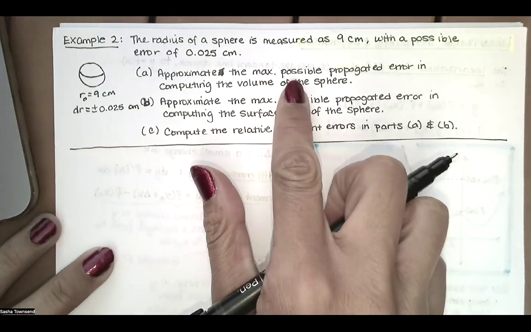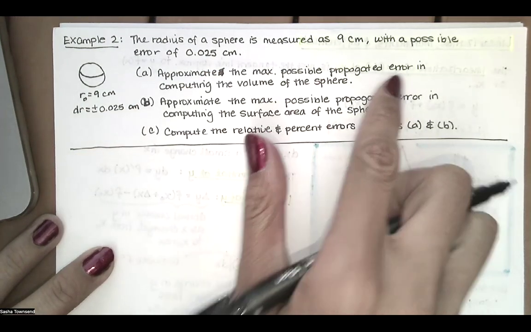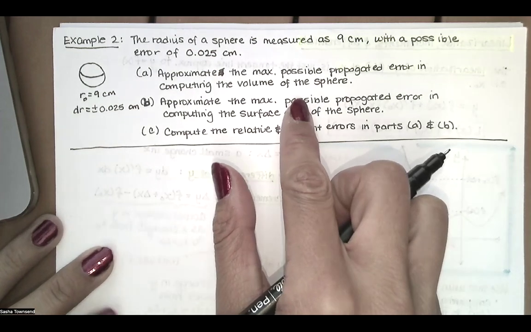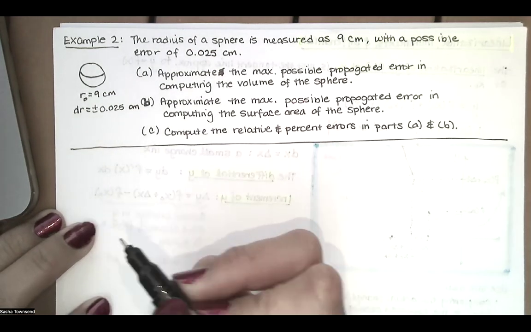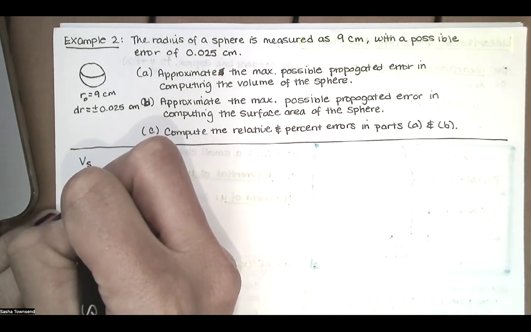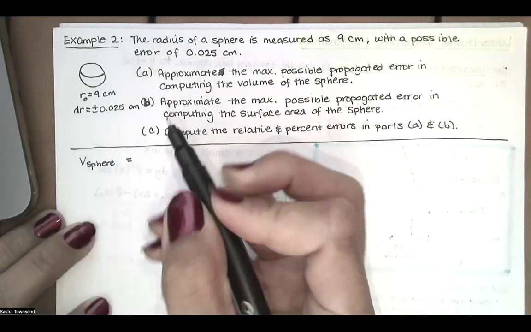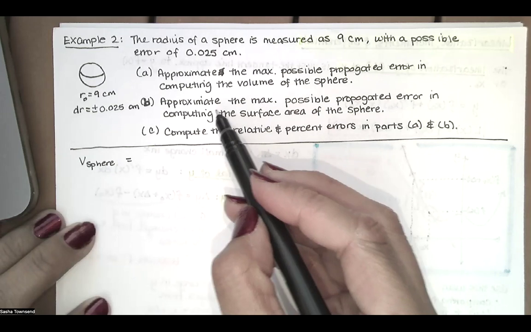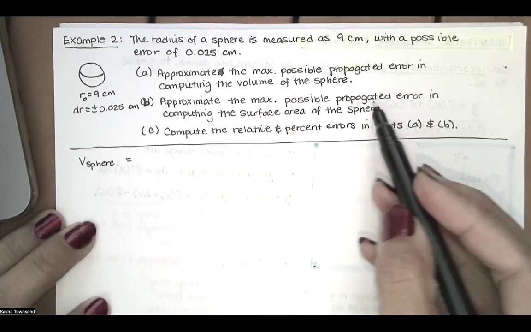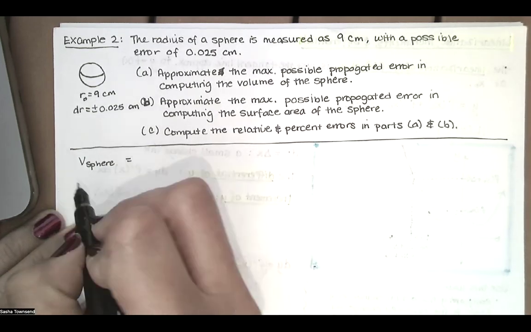For us to approximate the maximum possible propagated error in computing the volume of the sphere requires knowledge of the volume of a sphere formula. And in part B, we also want to approximate the maximum possible propagated error in computing the surface area of the sphere.